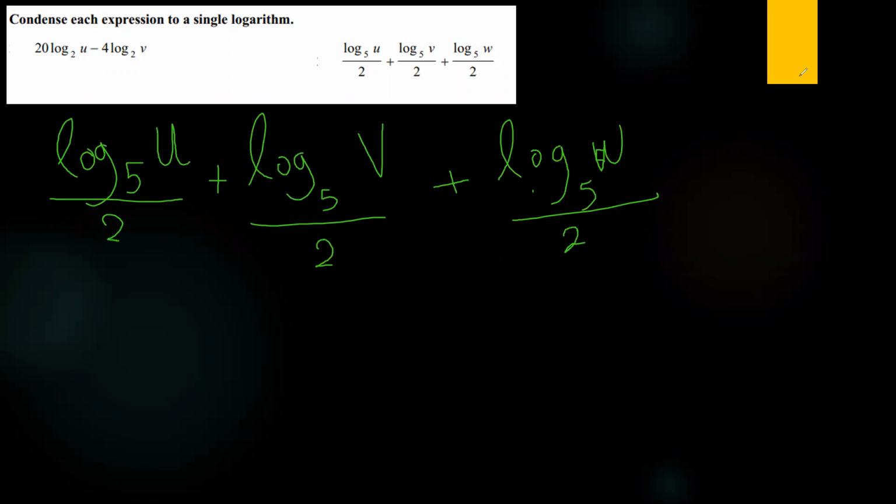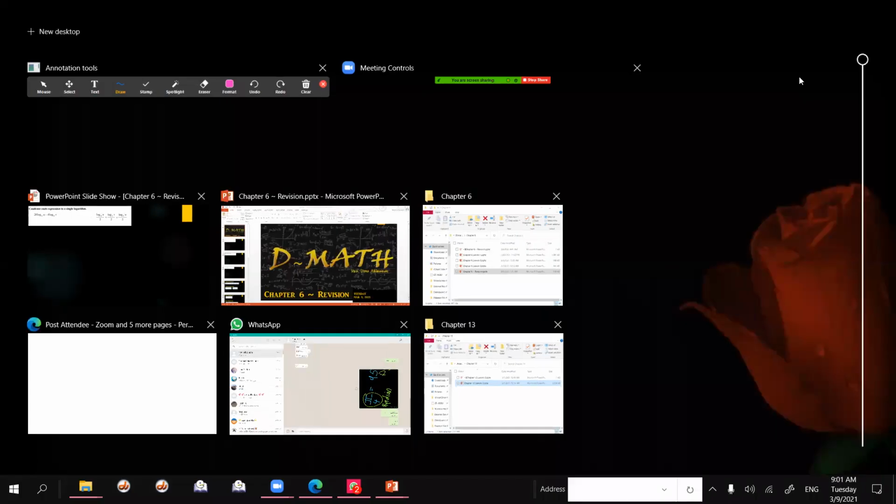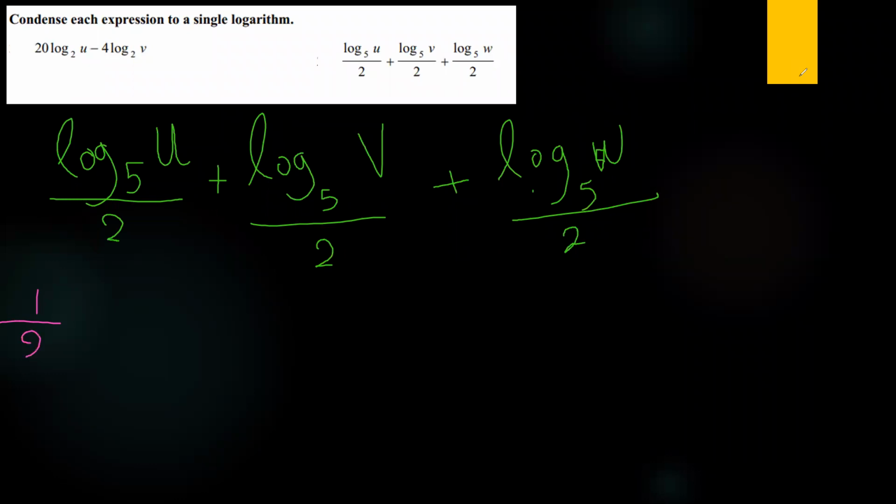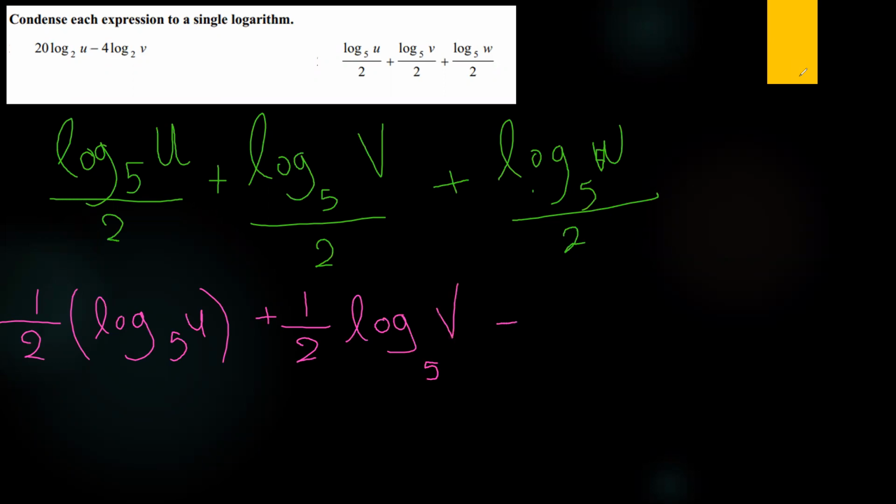So can I rewrite it as half times logarithm to the base 5 of u? Yes. And the second one, can I rewrite it as half logarithm to the base 5 of v? And the third one also, I can rewrite it as half logarithm to the base 5 of w.